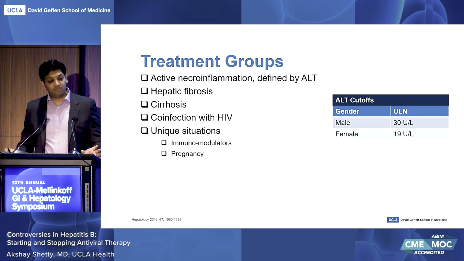So this is a key component of the society guidelines, so if you want to look at a tighter ALT cutoff. Patients who have significant advanced fibrosis, patients who have cirrhosis should be considered for treatment. Things that I didn't discuss are co-infections with HIV, HCV, HDV. They should also be considered for treatment. And then there are some unique situations where patients who are on immunomodulator therapy or pregnancy require separate attention.